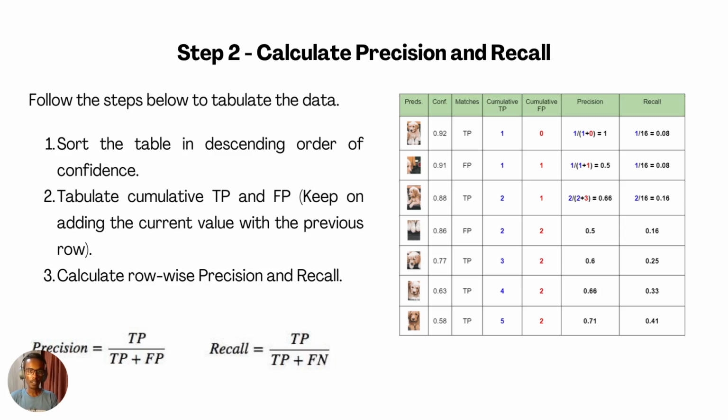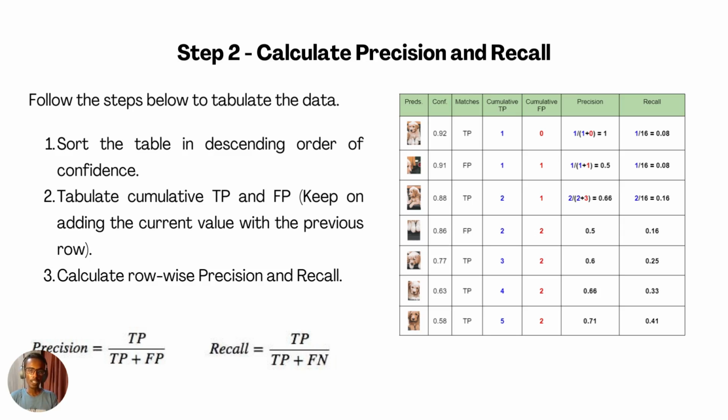So we use the cumulative true positive as a numerator to compute the precision, divided by the sum of the cumulative true positive and cumulative false positive. So on the first row, we have 1 over 1 plus 0, which gives us a value of 1.